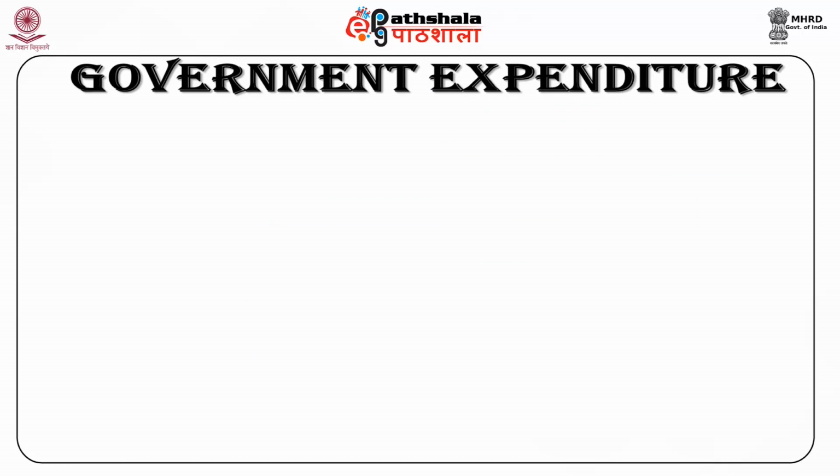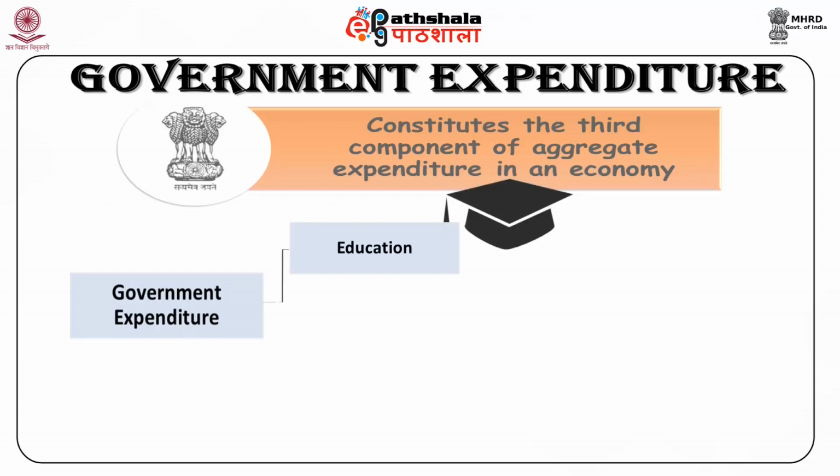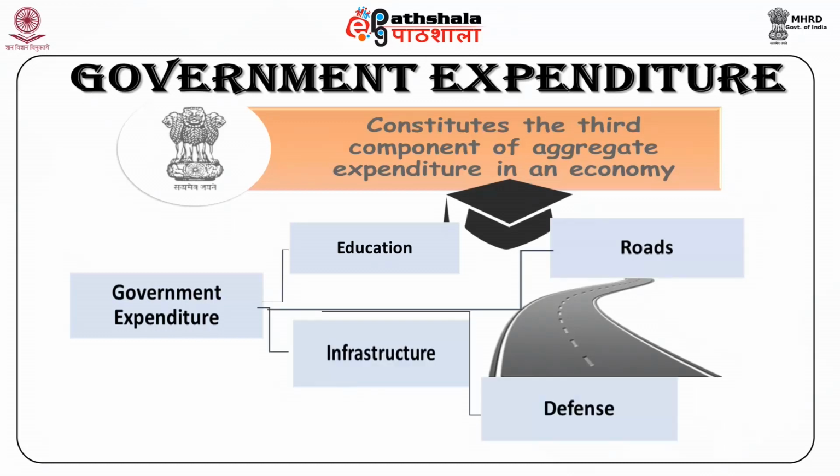Let us now learn the concept and impact of government purchases of goods and services. The expenditure by government constitutes the third component of aggregate expenditure in an economy. The government expenditure ranges from expenses incurred on education, roads, and infrastructure to defense.